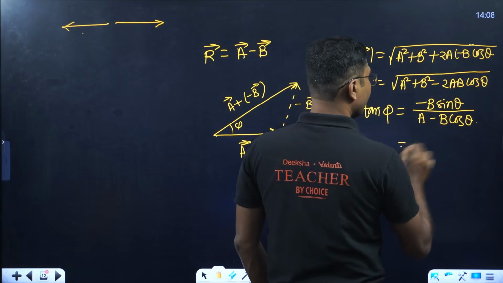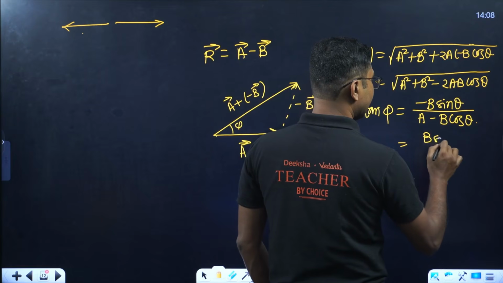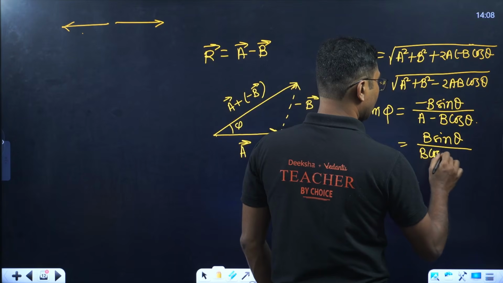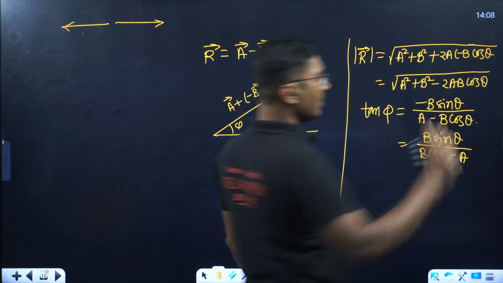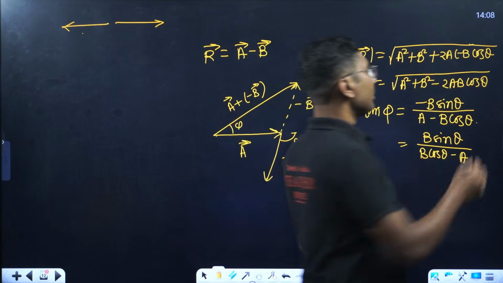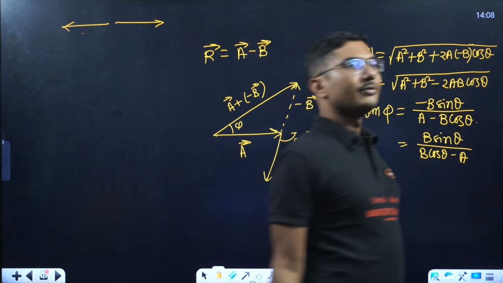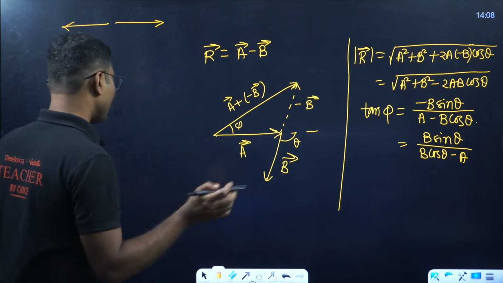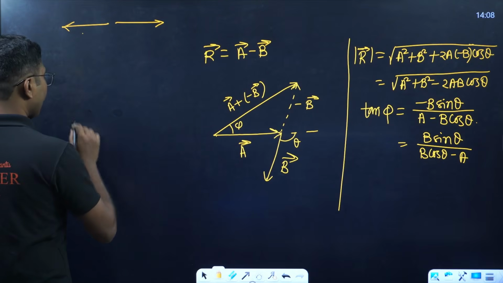Or if you multiply, minus b sin theta by b cos theta minus a. You don't need to worry too much. Only in the formula you put b equal to minus b and everything will be the same as in the addition case.